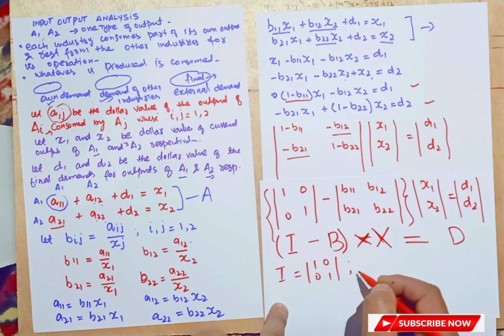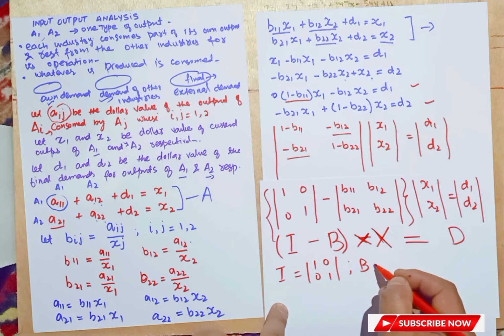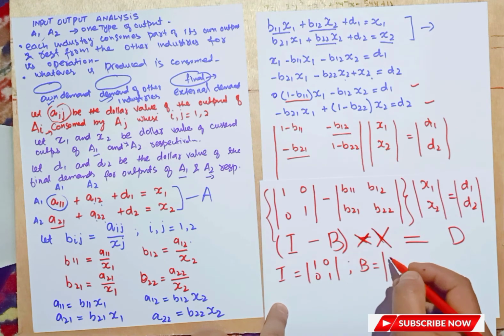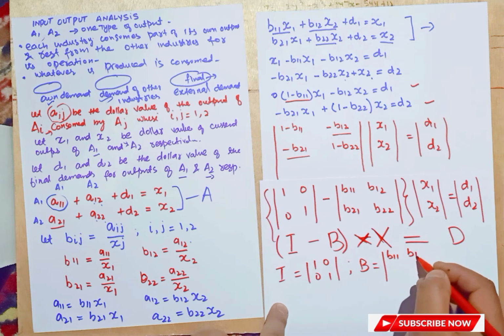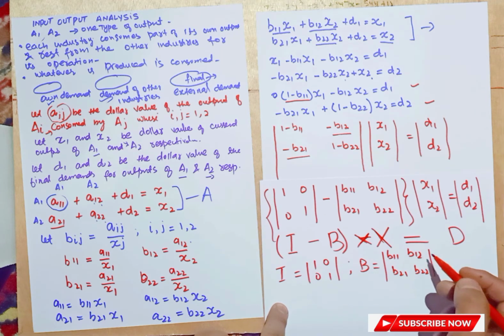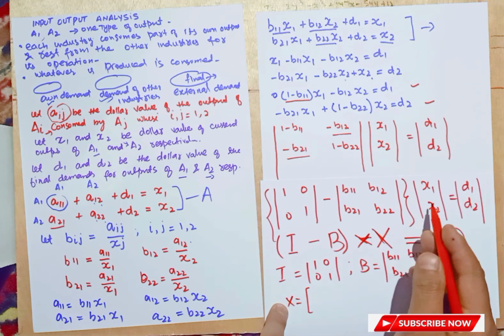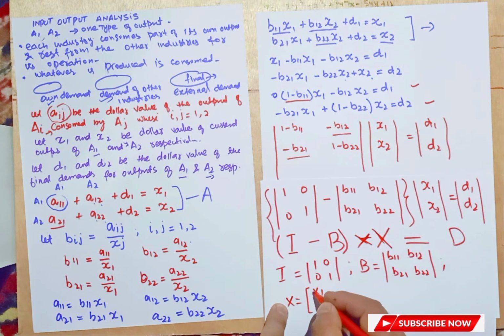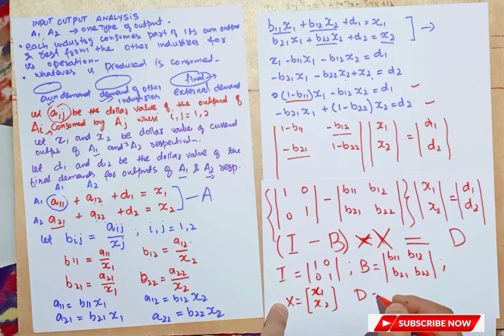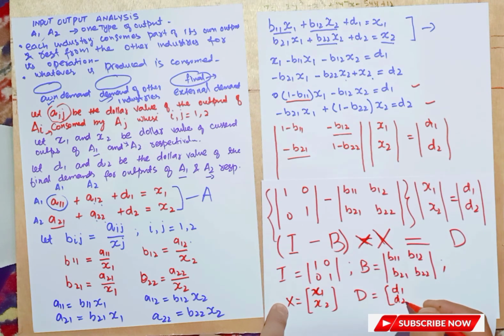This B is equal to B11, B12, B21, B22, and our x is x1 and x2, and D is equal to D1 and D2.